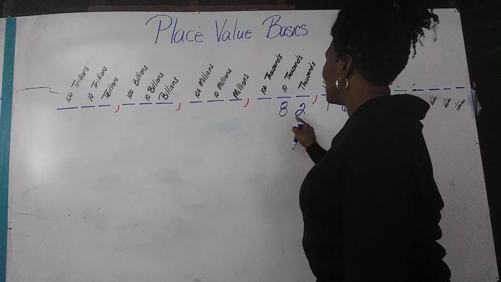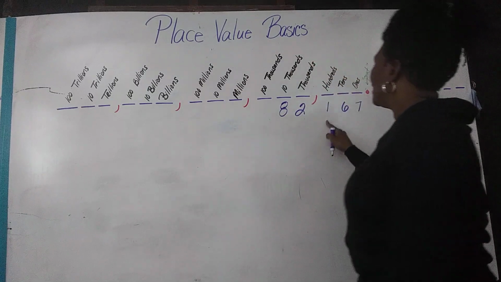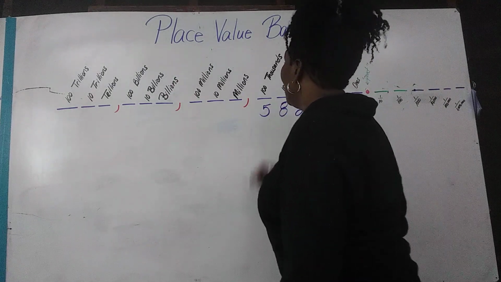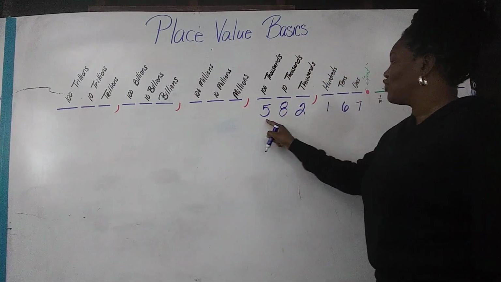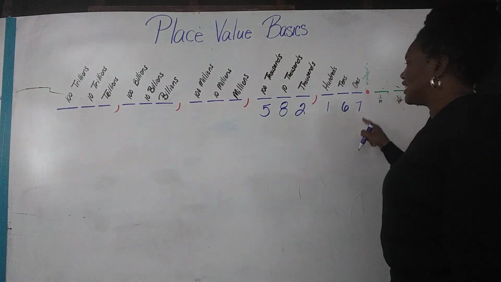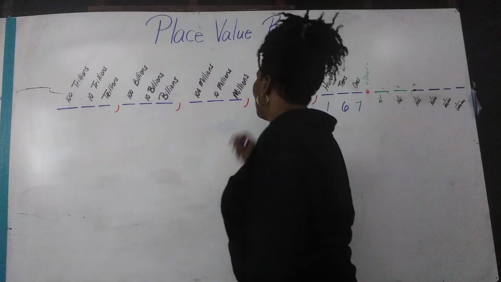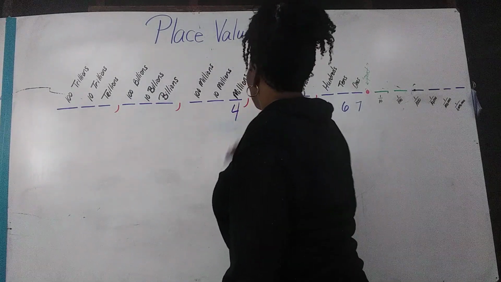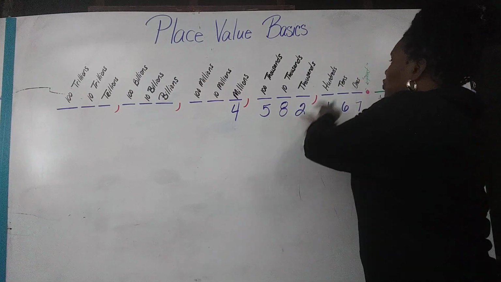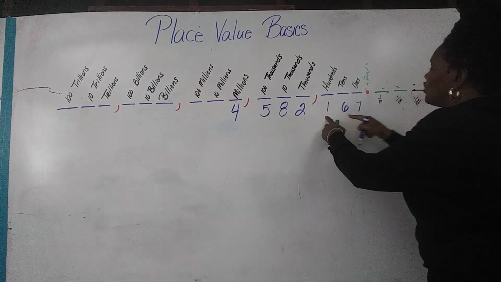Now we have 82,167. Let's put a number right here. Now we have 582,167. Let's put a number right here. Now we have 4,582,167.